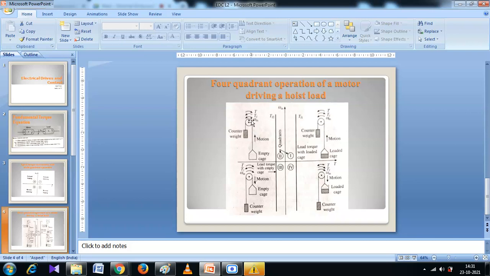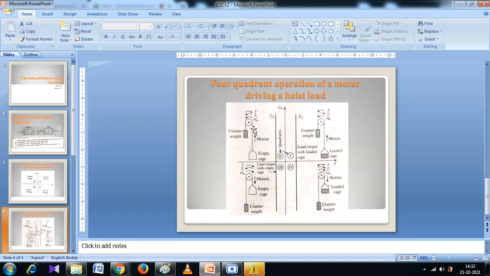We have to produce a torque by that motor in the clockwise direction. Otherwise, the empty cage will move upward with high speed, because at that time the counterweight is greater than the empty cage, so due to gravity the counterweight tension is more than that of the empty cage.